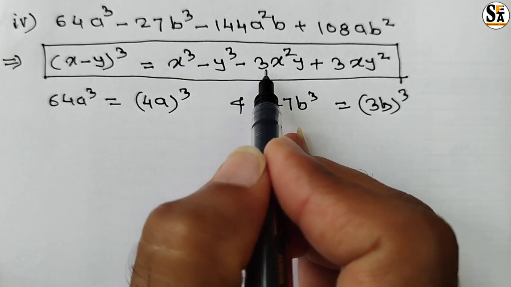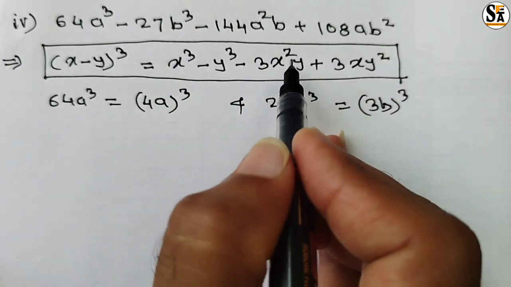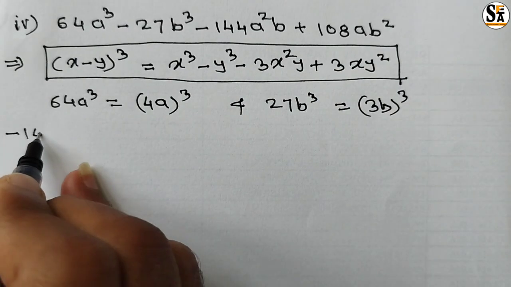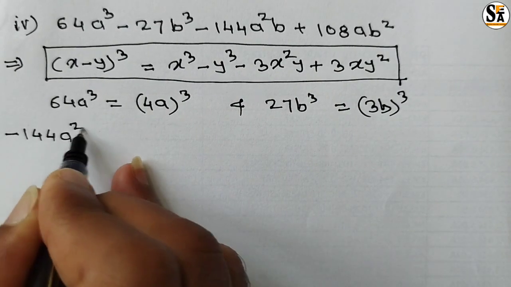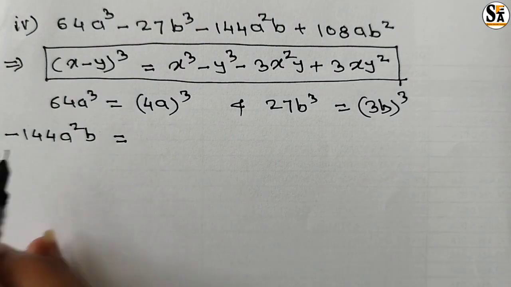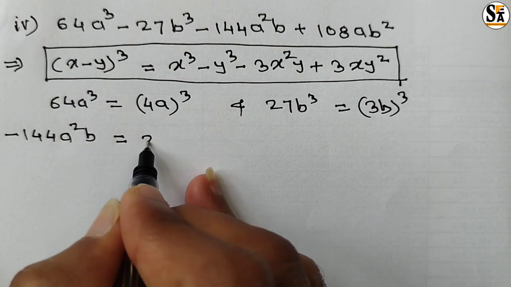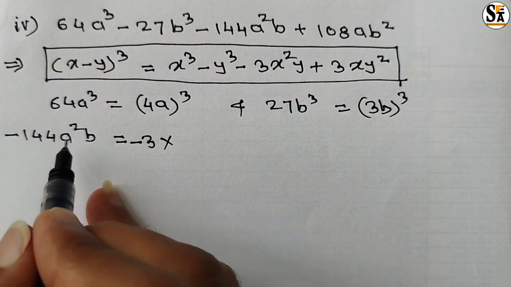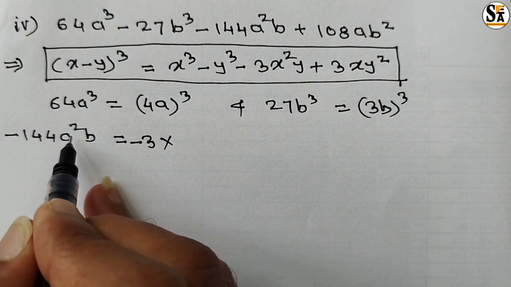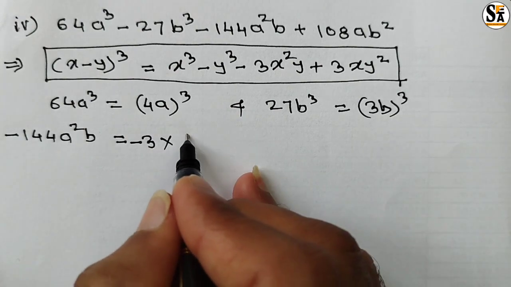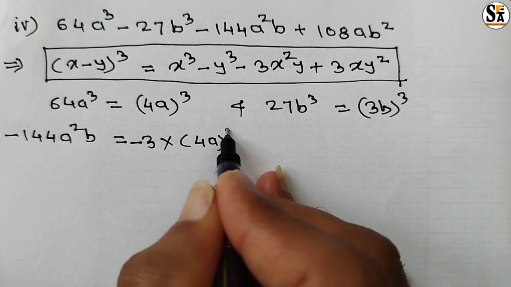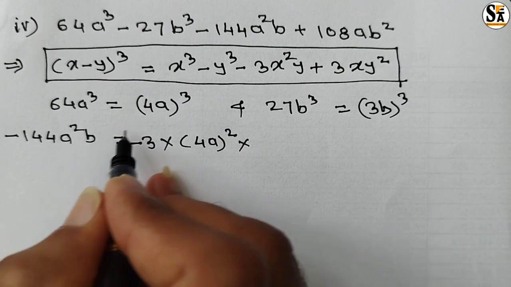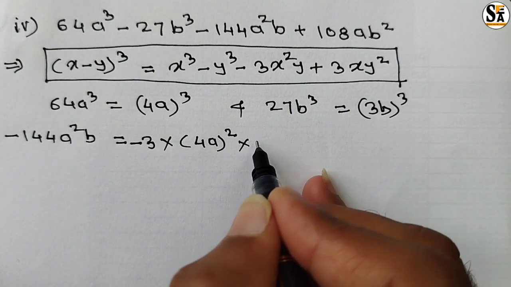Now we have to match these two terms with these two terms. Means minus 144a square b, here we can write this term as, see here, minus 3 into, here is a square, we have term 4a. So if we write 4a bracket square and multiply the remaining, that is second term, we have 3b. So write 3b.